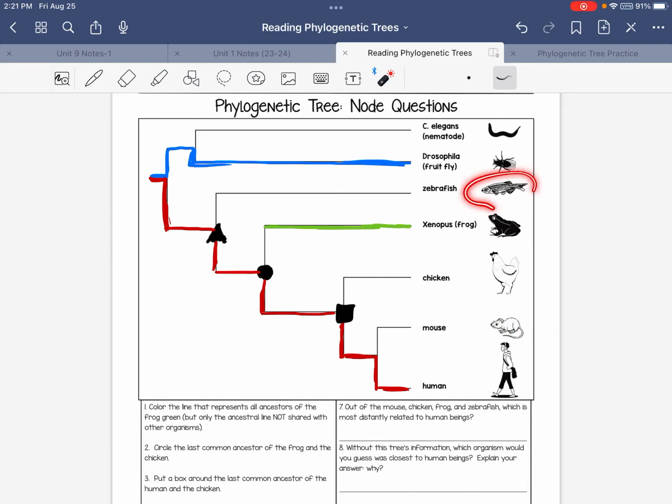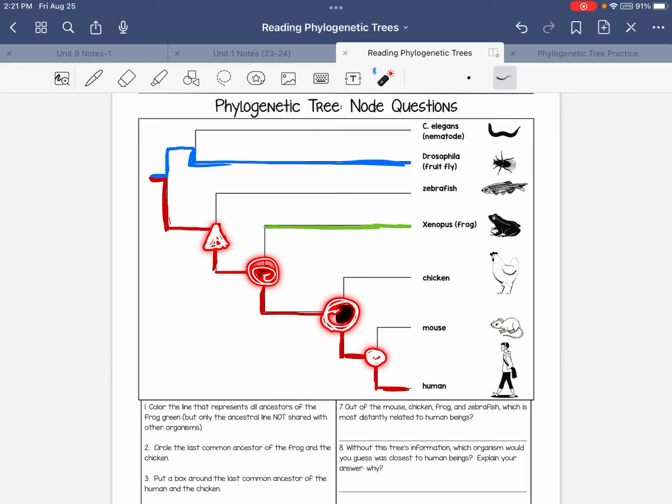It's not necessarily because they're further away from us on this lineup, but it's because we share a more distant common ancestor with them. So like our mouse, our common ancestor with the mouse is right here. With the chicken, it's this square. With the frog, it's this circle. And with the zebrafish, it's this triangle all the way back here.